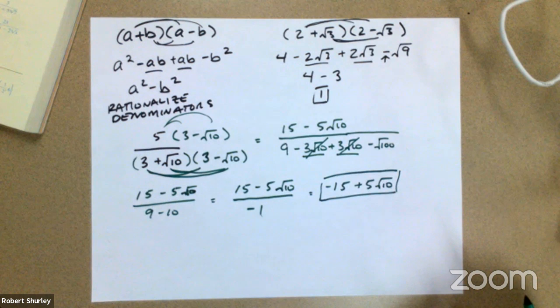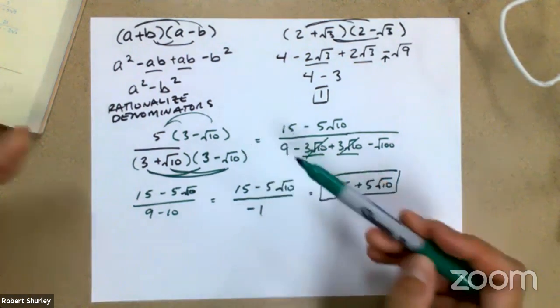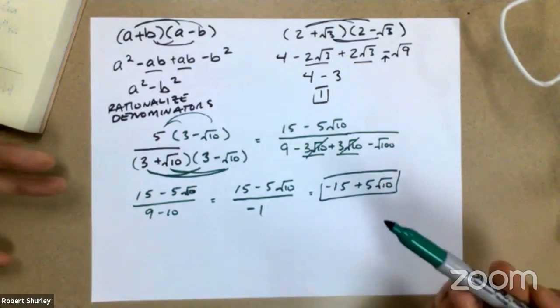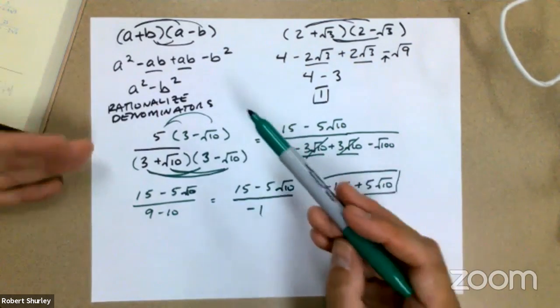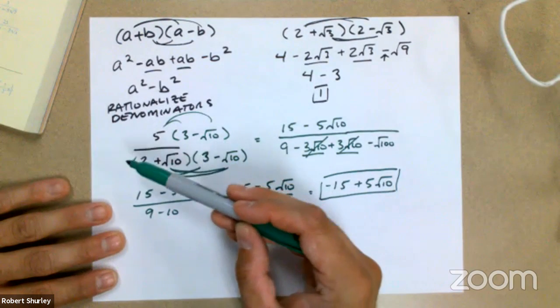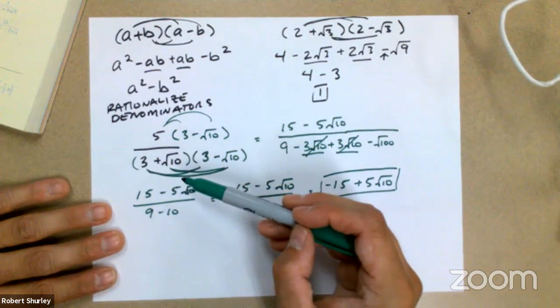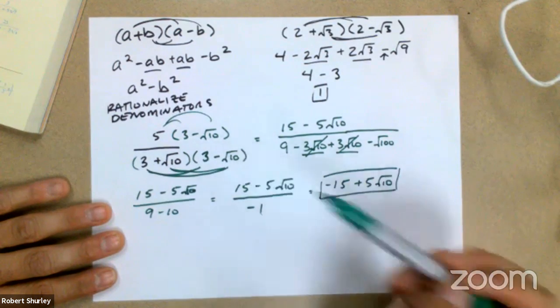Whew. It took a lot of work, but hopefully you've seen along the way what we're doing. The first step is always kind of the doozy, because if we get the first step wrong, we're not going to get to this. So the first step: multiply by the conjugate of the denominator. Since it was 3 plus the square root of 10, it's going to be 3 minus the square root of 10.